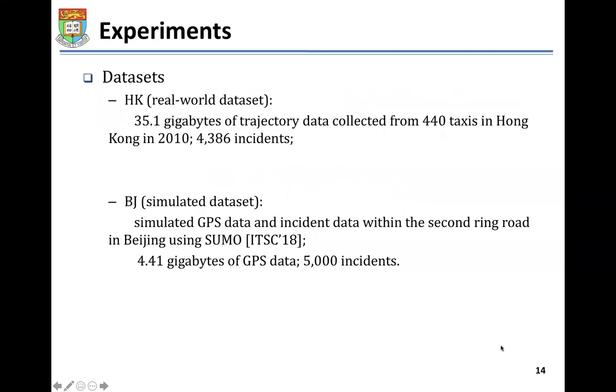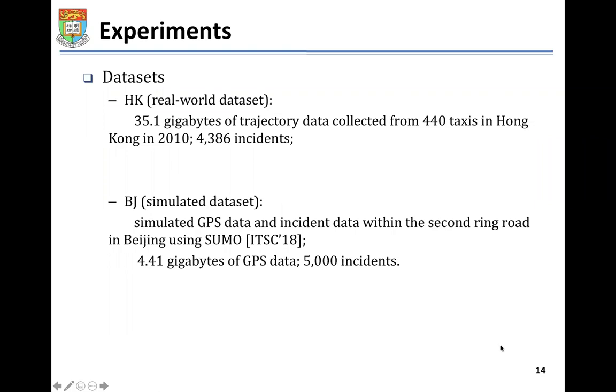We evaluate our method on two data sets. The first one is a real-world data set from Hong Kong. In this data set, there are over 35 gigabytes of trajectory data collected from 440 taxis in Hong Kong in 2010, and it contains over 4,000 incidents.